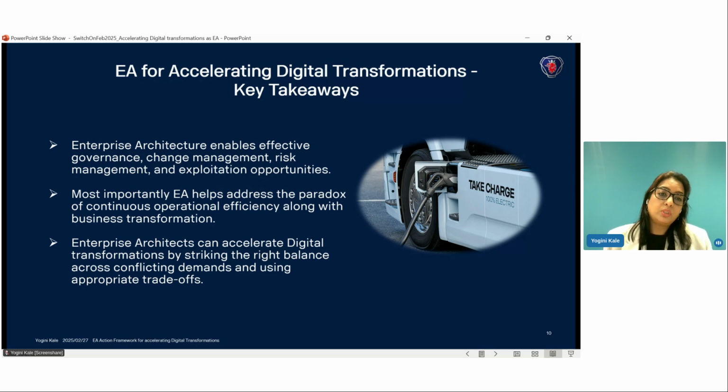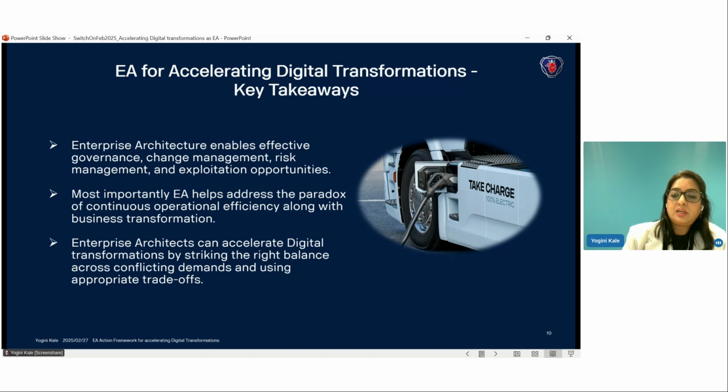And most importantly, it helps in addressing the paradox of continuous operational efficiency along with business transformation by striking the right balance across the conflicting demands and using the appropriate trade-offs. And this helps you take control and use technology as an enabler for accelerating digital transformations.